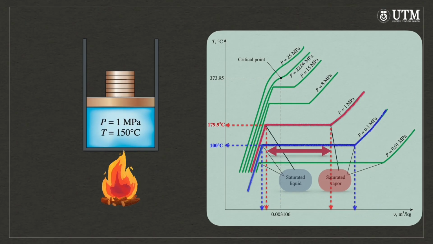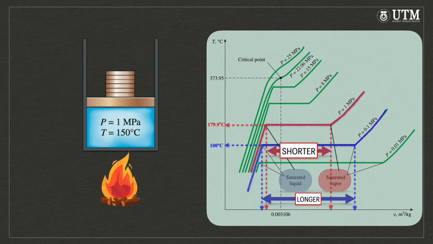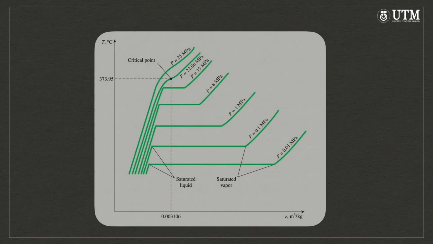That is, the horizontal line that connects the saturated liquid and saturated vapor states is much shorter. As the pressure is increased further, this saturation line continues to shrink.